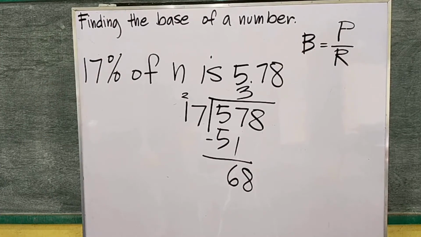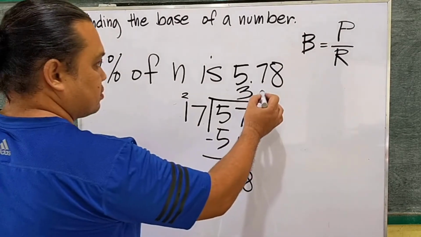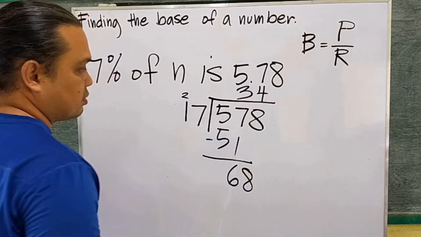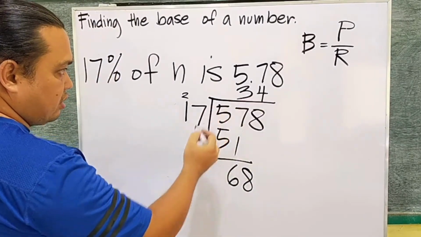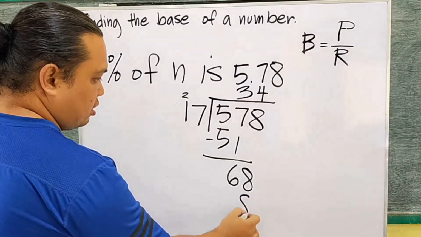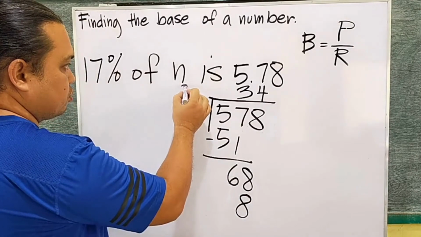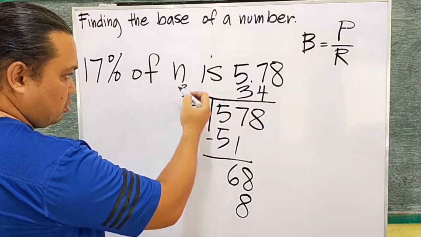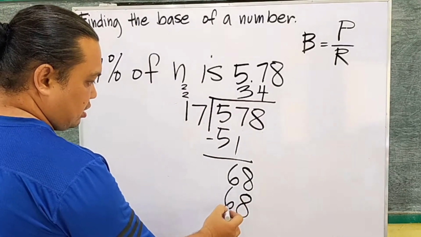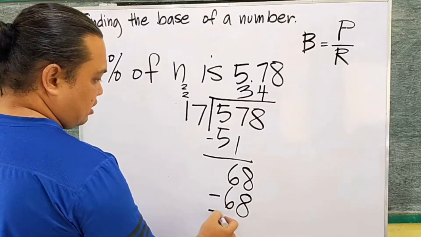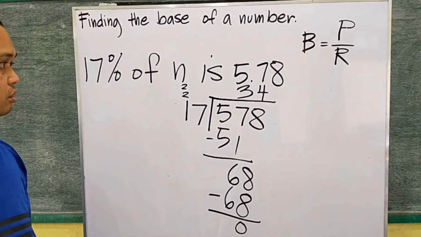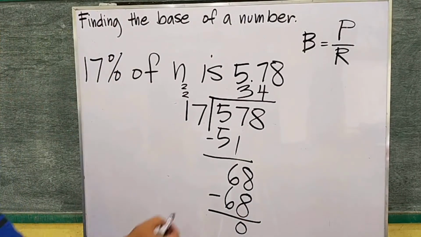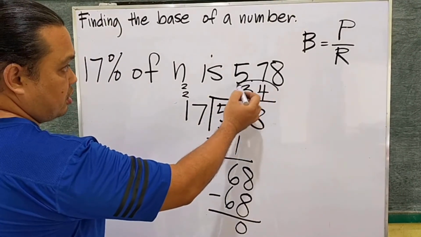Now let's try 4. Now 4 times 7, that's 28. So 8 here, carry 2. Now 4 times 1, that's 4, plus 2, that's 6. So we have 68. So 68 minus 68, that's 0. So we have 34 for our answer here.